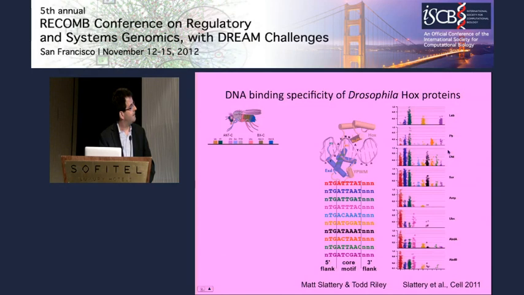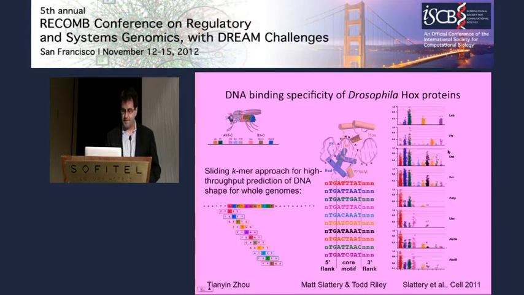And DFD and SCR like to bind the blue motif, and UBX, for instance, likes to bind the red motif. Our hypothesis, based on previous work, was that those factors differentiate between these different motifs also using DNA shape readout. So what we did in my lab: Tianyi Zhou, a student of mine, developed a method for the high-throughput prediction of DNA shape for whole genomes.